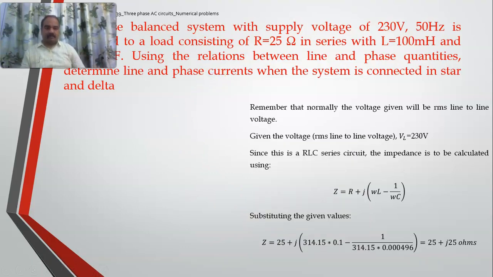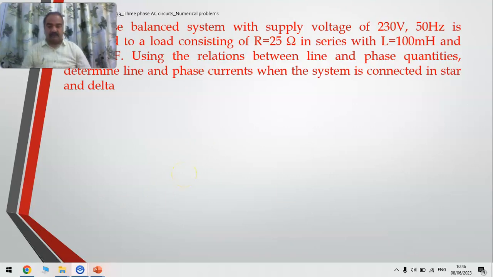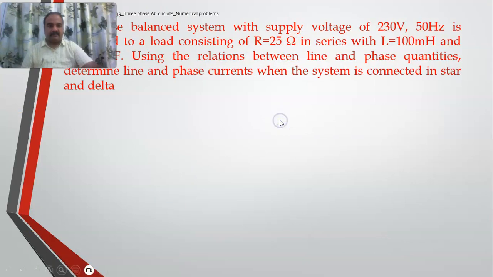Now, first of all, let me take that this particular system is star connected. So, before going for star or delta connection, let's just quickly see what is going to happen. If you carefully see what is present in this problem, you can see that the supply has been given as 230 volts 50 Hz.